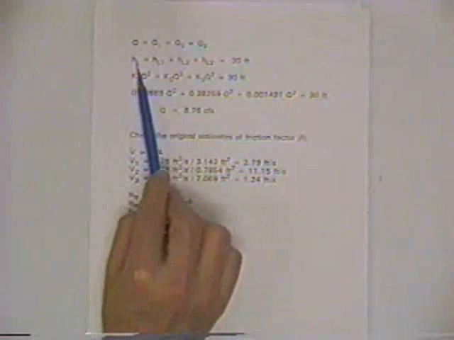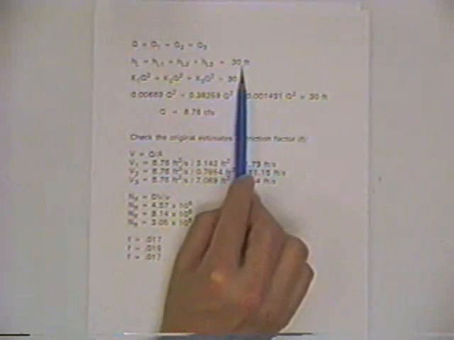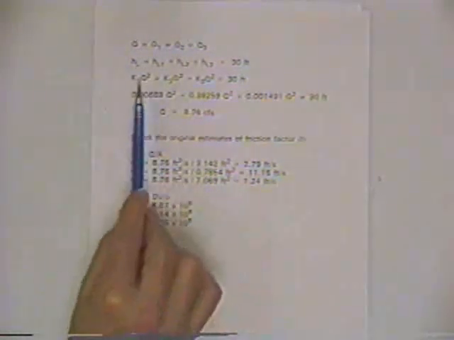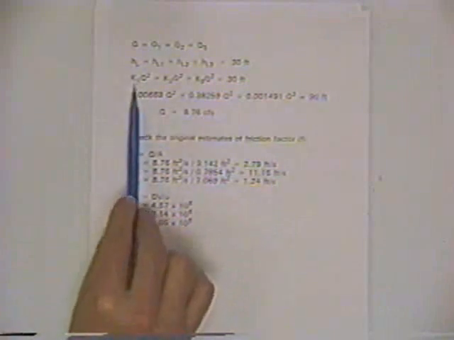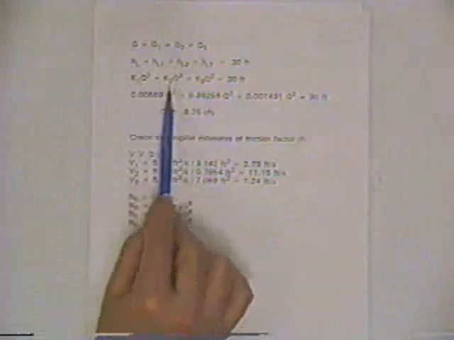We also recognize that the total head loss, which we know is the 30 feet difference in water surface elevations between the two reservoirs, is equal to just summing the head losses in the three pipes. For each of the pipes, we could write out the Darcy-Weisbach equation, but for convenience, we're just saying K times Q squared, so we don't have to write the whole equation each time.